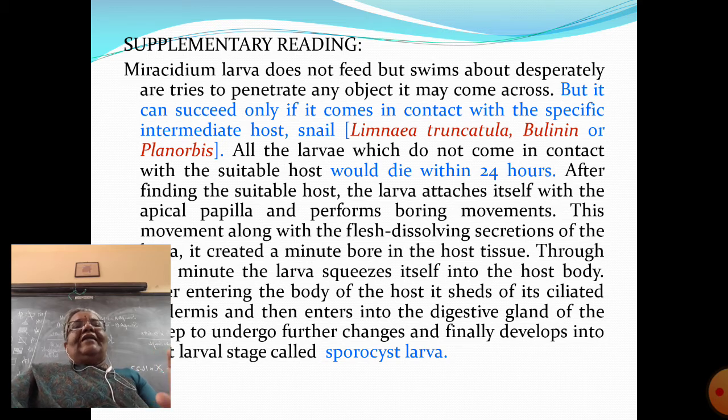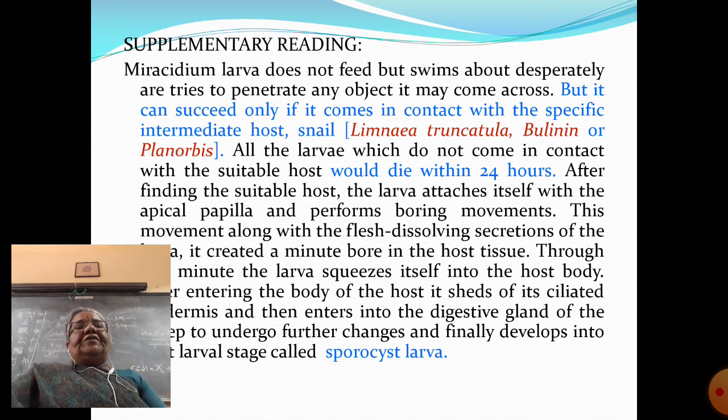And then this slide is the one that gives a connection between the Miracidium larva and the next larva. So I have put it here as a supplementary reading because this Miracidium larva can further develop only if it comes in contact with a specific intermediate host.